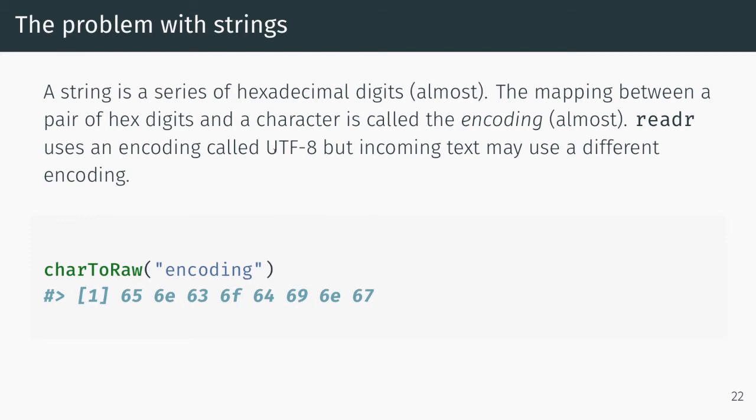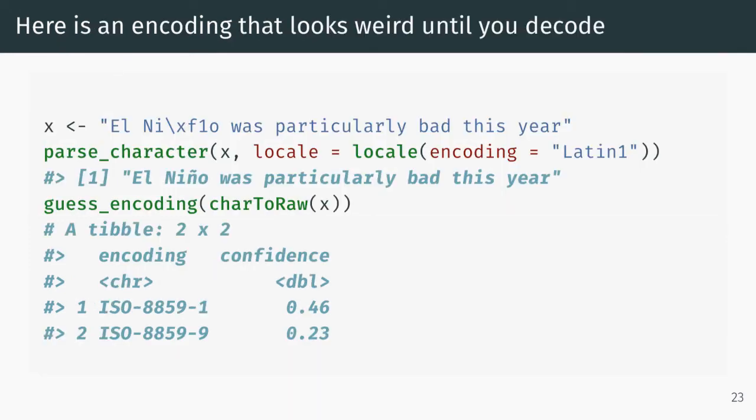And readr uses an encoding called UTF-8, but incoming text may use a different encoding. So we have to be aware of that. We have to be able to work with different kinds of encoding. So here's an example of a string that's difficult to read in because of this.